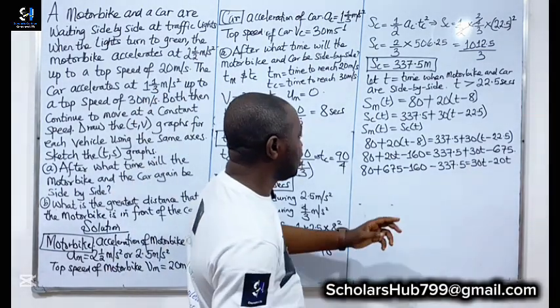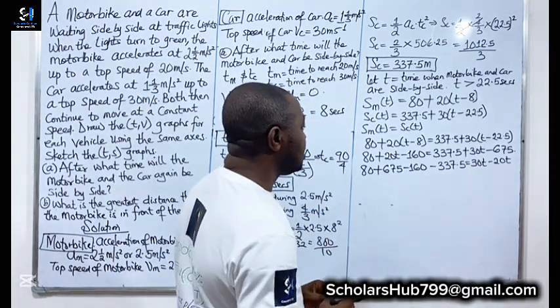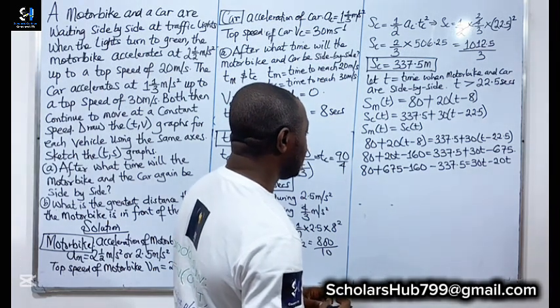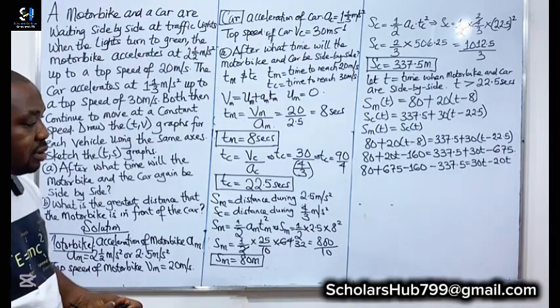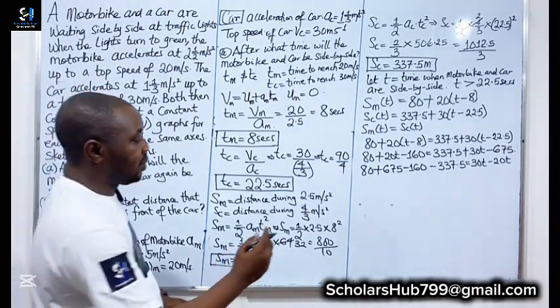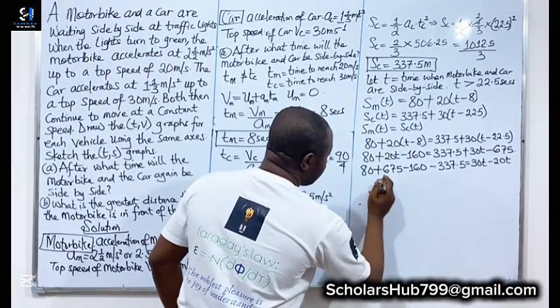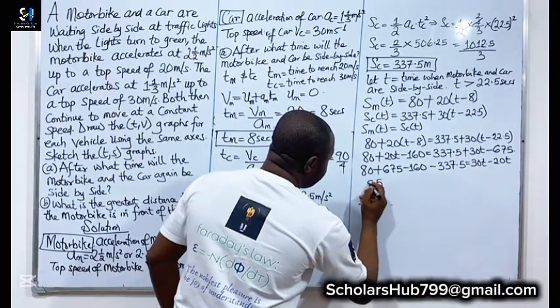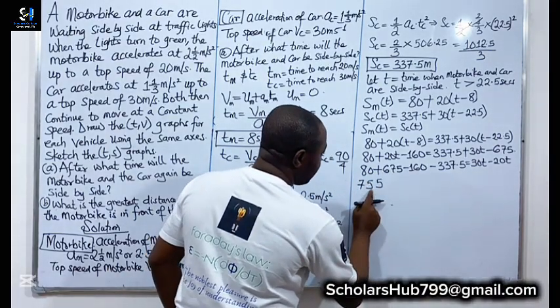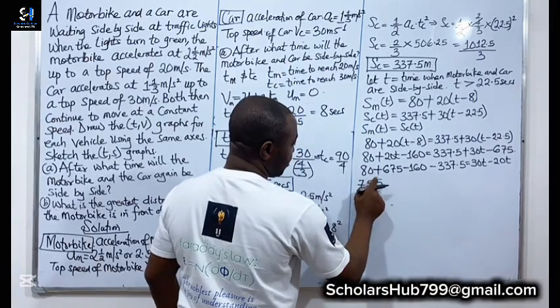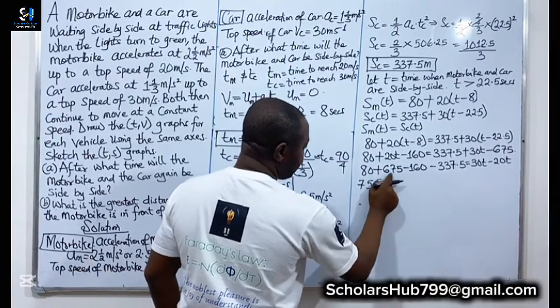So let's check again. This will be 755, because 0 plus 5 is 5, 7 plus 8 is 15.